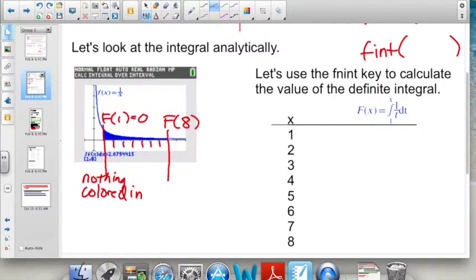Why don't you do x equals 1, f-int, okay? You're going to do an f-int x equals 2. X equals 3, do an f-int, 4, 5, 6, and 7, okay? And just get that number up there, okay? You're going to do an f-int on 1 over x.